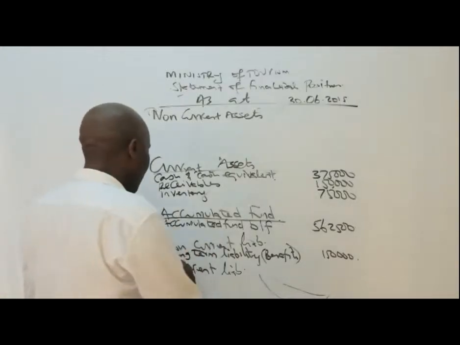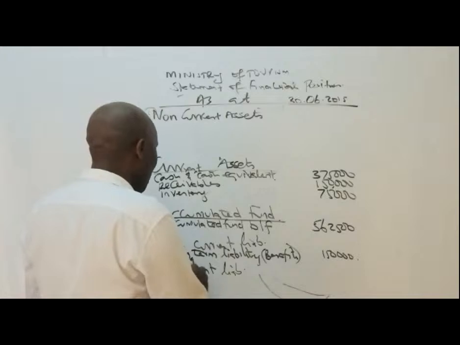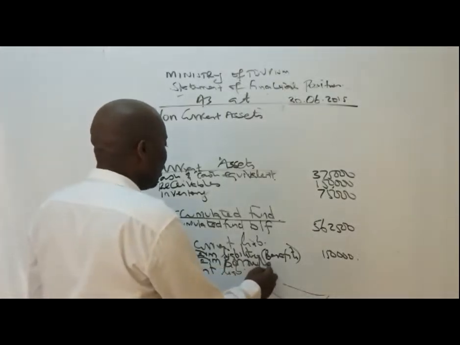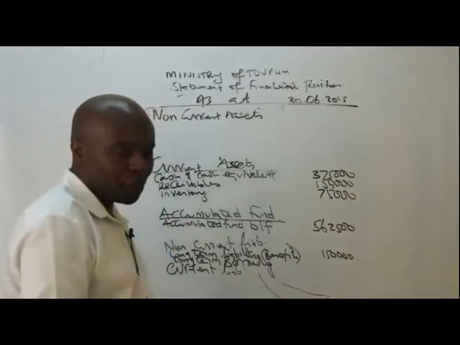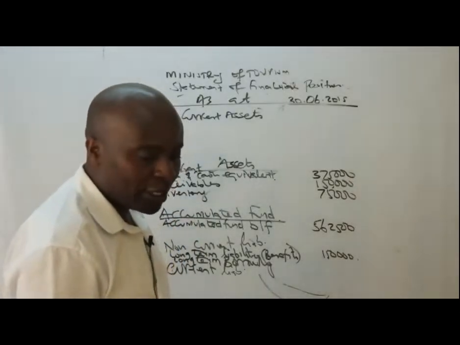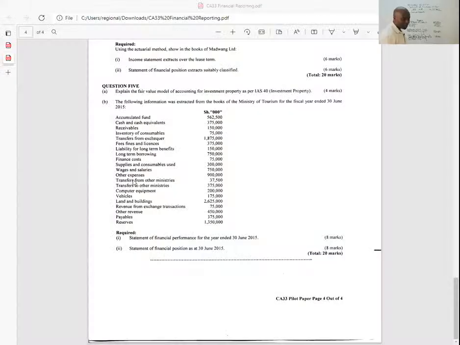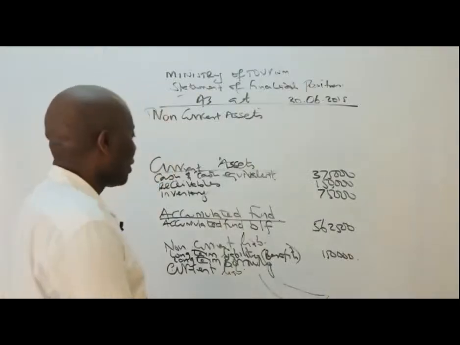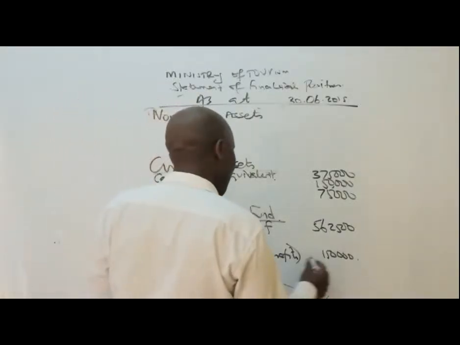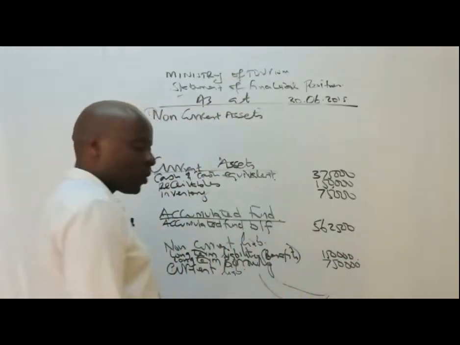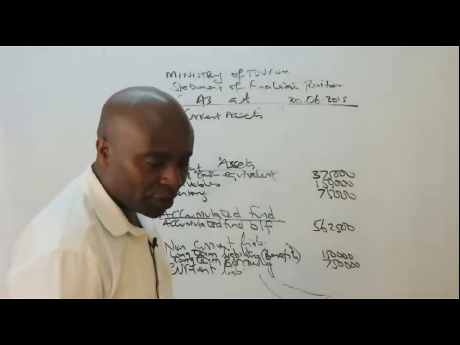So we have here long-term borrowing over how much? Long-term borrowing of 750,000. Thank you. We're almost there. Thank you very much, Victoria.